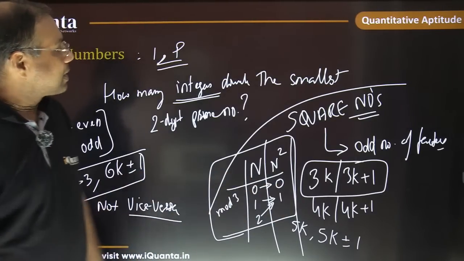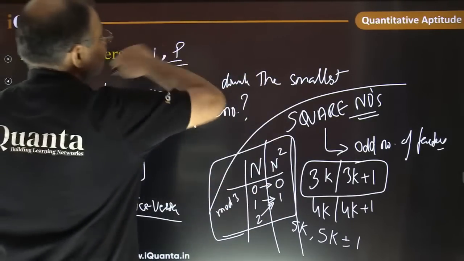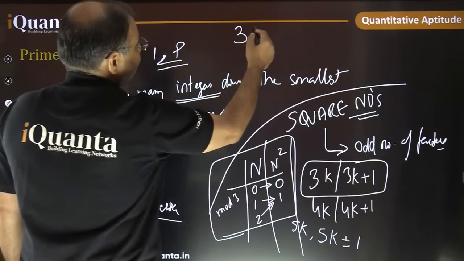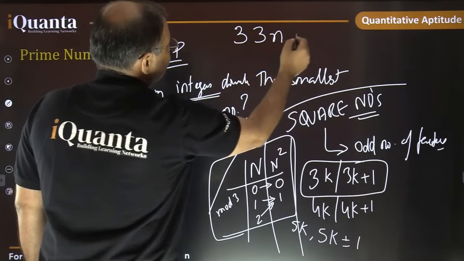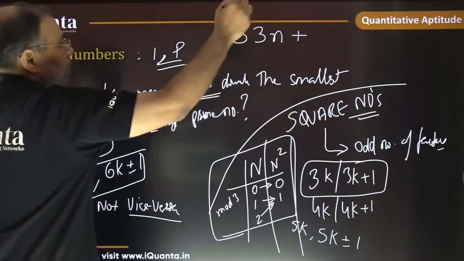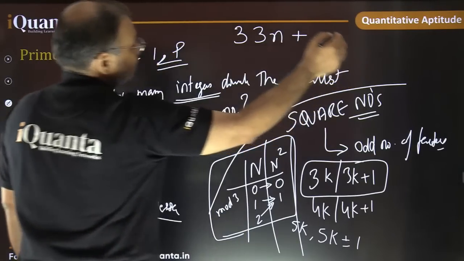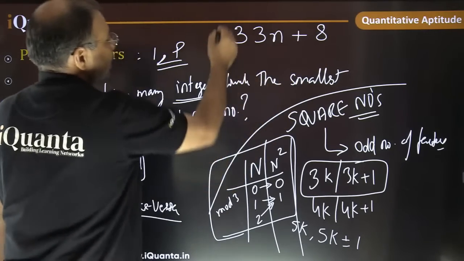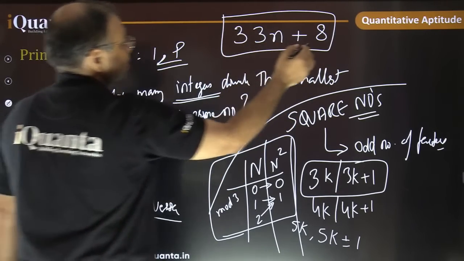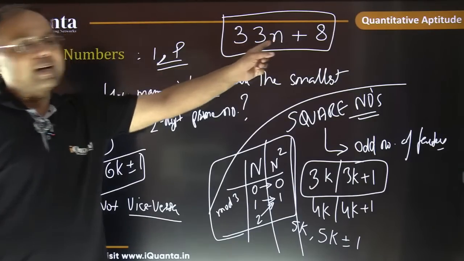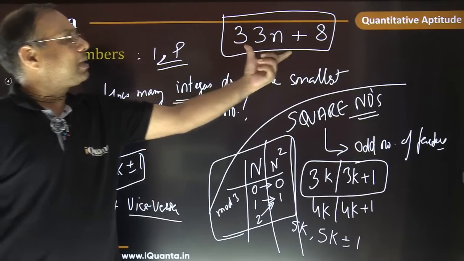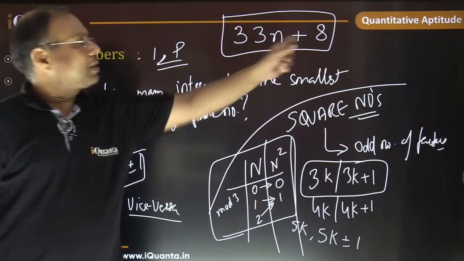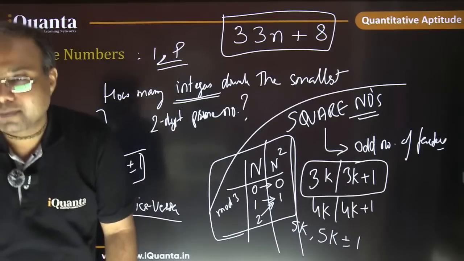Now what does it mean? Suppose if I ask you a question, let's say 33n plus maybe मैं यहाँ पे देता हूँ आपको 8. ठीक है, 33n plus 8. Now question is 33n plus 8, for what value of n, for what natural number n this number becomes a square number? Please tell me.